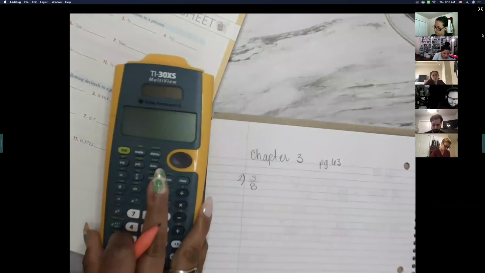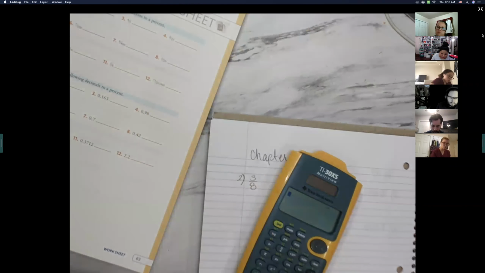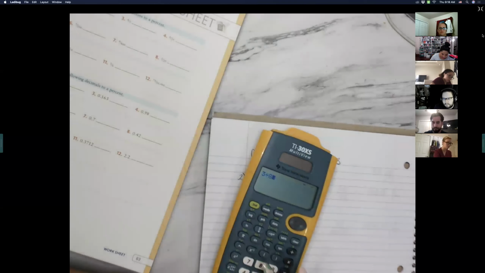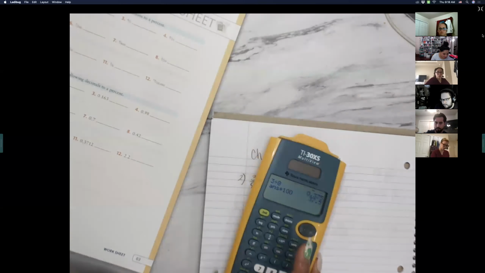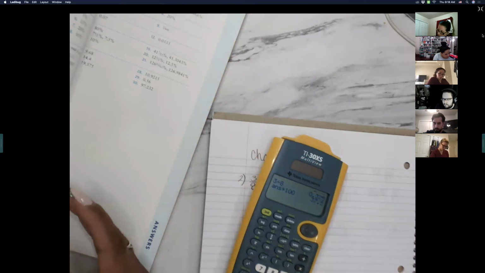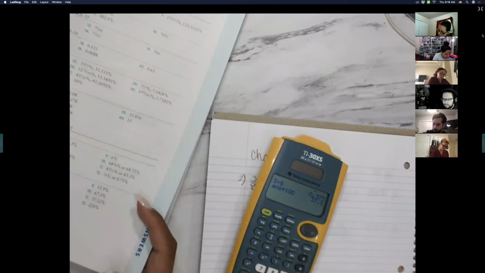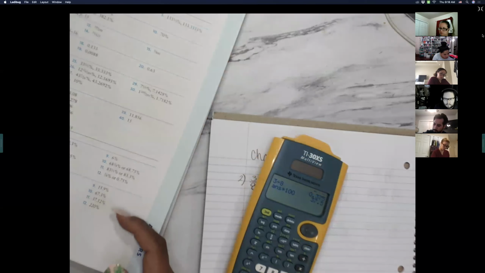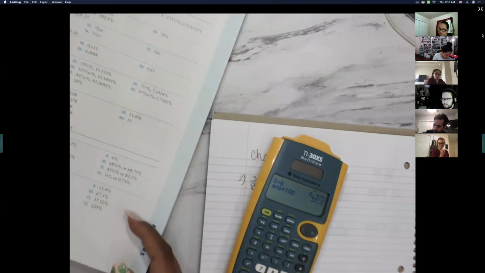So what we're going to do is take our handy dandy calculator and take 3 divided by 8 and multiply it by 100. Okay.